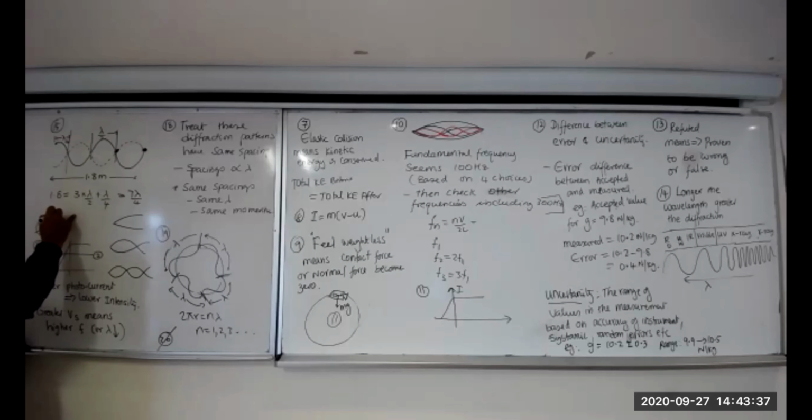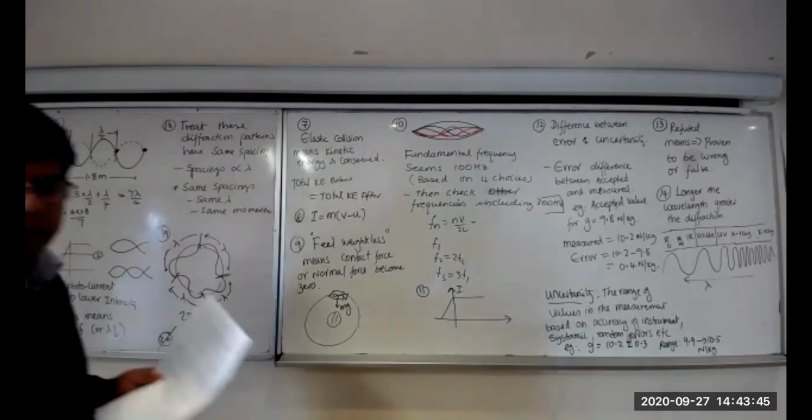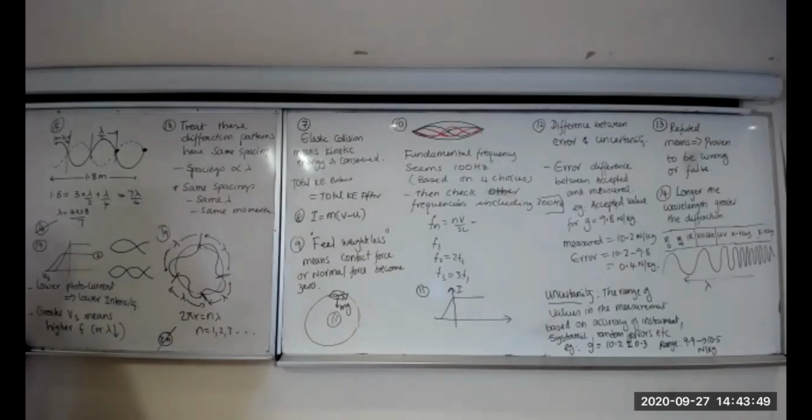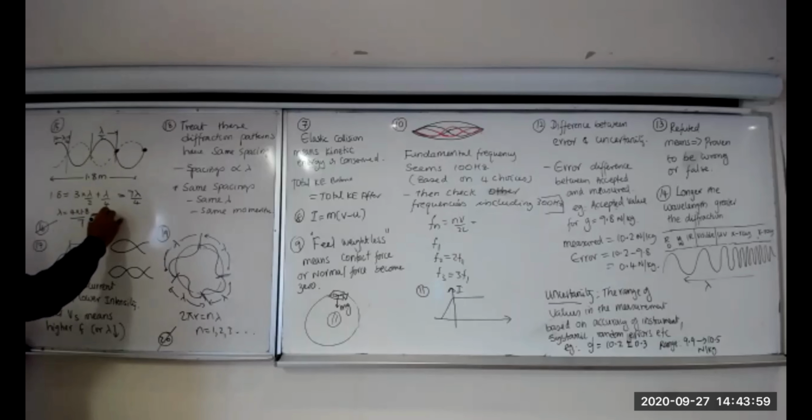So just solve for lambda: 4 times 1.8 divided by 7. That will give you 1.028 meters.